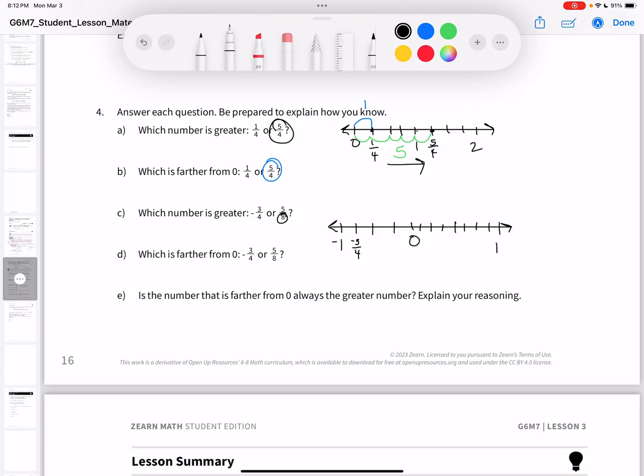Okay, 5/8. 1, 2, 3, 4, 5/8. Now the problem is we can't really compare them because this is in fourths and that's in eighths, but we can find equivalent fractions. So negative 3/4, if we multiply both the numerator and denominator by 2, that gets us negative 6/8. Okay, so negative 3/4 is the same as negative 6/8. So that way we can break this into 1, 2, 3, 4, like that.